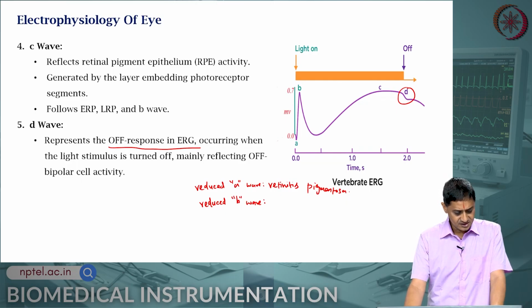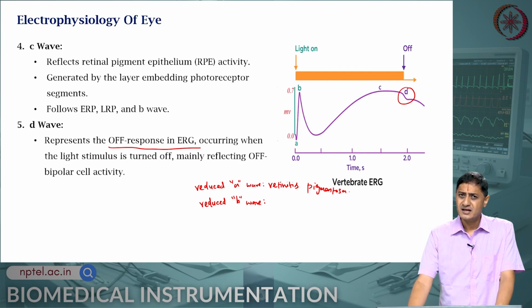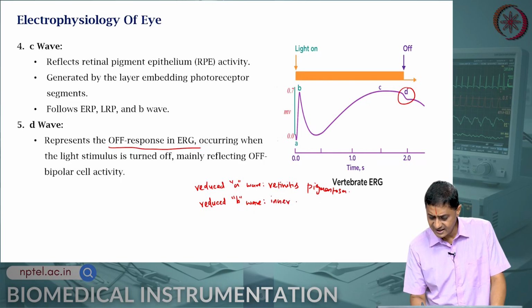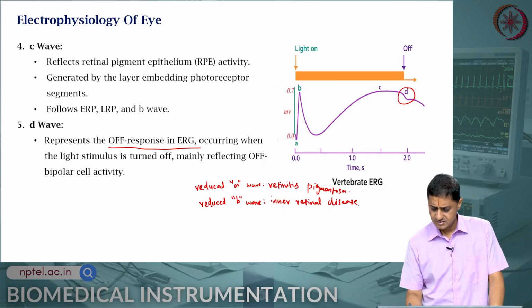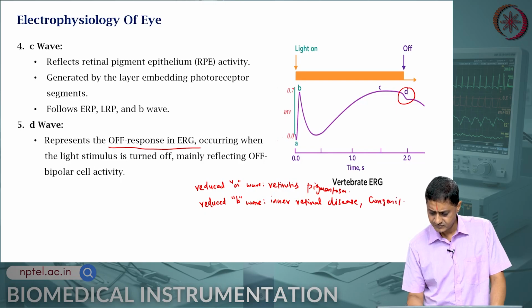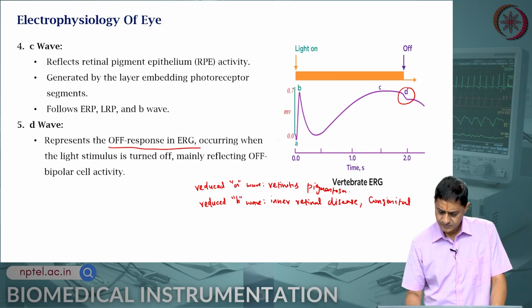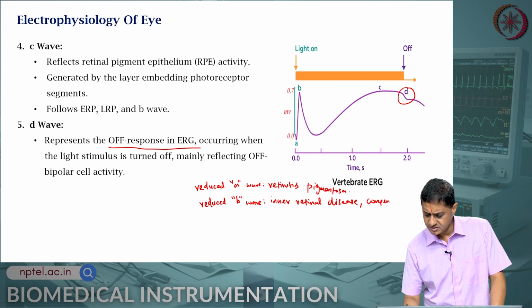This essentially says that if the A wave is intact and the B wave is compromised, this means that there is an inner retinal dysfunction, or congenital inner retinal disease, or congenital stationary night blindness or CSNB.